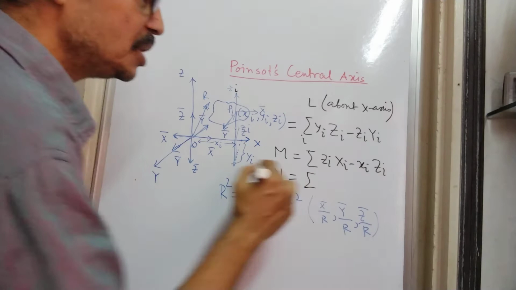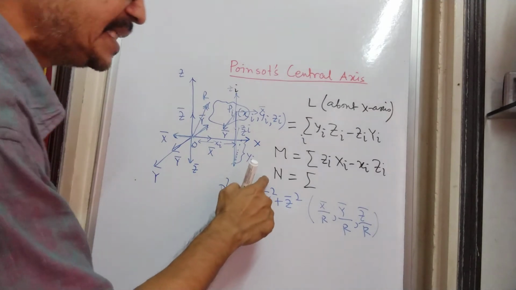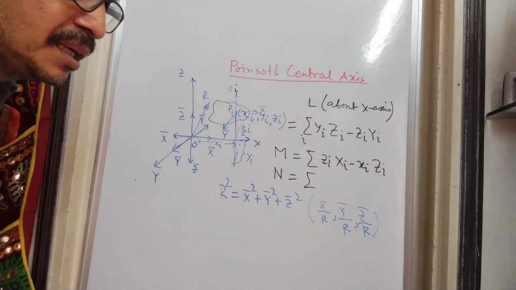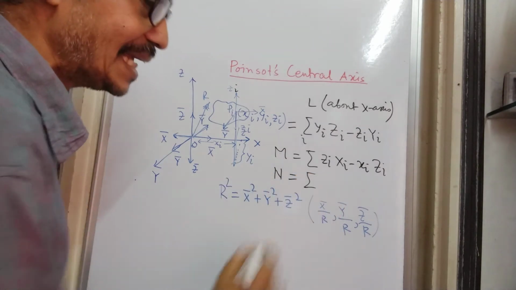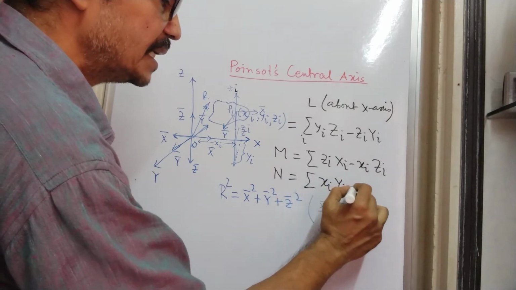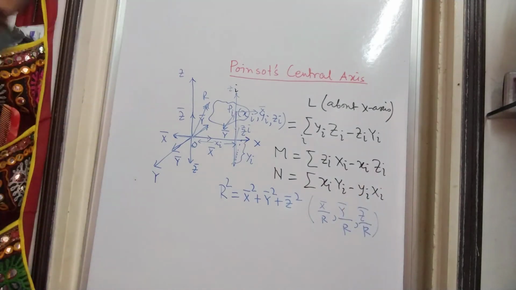And similarly, when we consider the sum of the couple about z-axis, capital N denotes the sum of the couple about z-axis. This is x, this is y and this is z. Then we don't have z and we have only xi and yi. And obviously, according to the convention, xi yi is positive and yi xi is negative. So that is how we calculate capital L, capital M and capital N.